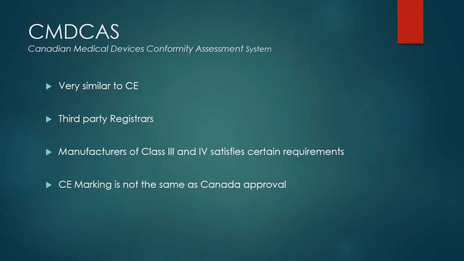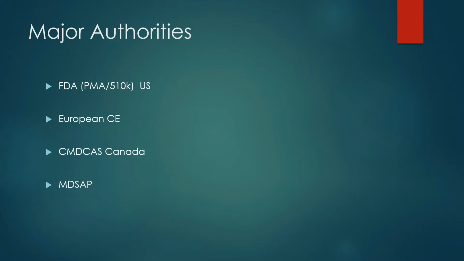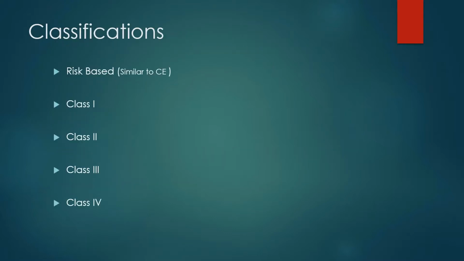And then there are multiple manufacturer classes, with class 3 to 4 satisfying certain requirements. We are actually class 2. Class 1 is like surgery scissors, things like bandages. Class 2 is like a diagnosis software, things like that. There are some risks, but not big risks. So it's risk-based.